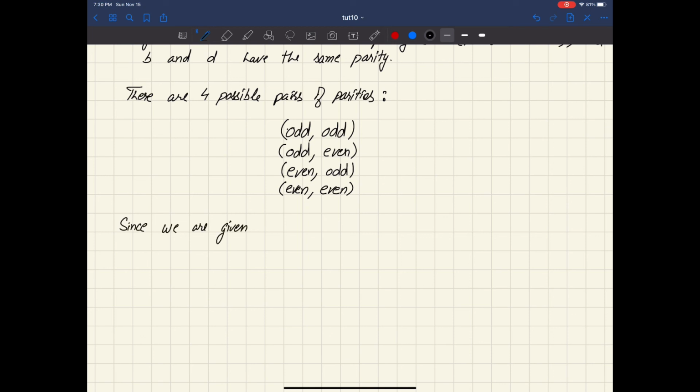Since we are given 5 points, the pigeonhole principle guarantees that at least two of them will have the same pair of parities.